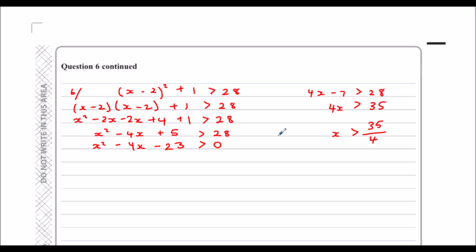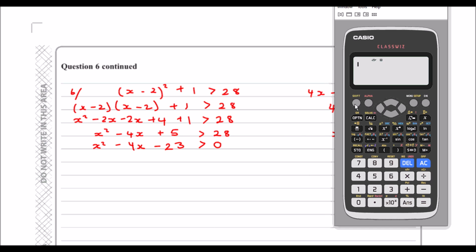To solve this, we can use our calculator. So let's grab the calculator. We want to go into the menu, and then we'll go down to this B1 here. So it's inequalities. We've got a polynomial degree 2, it's a quadratic. And we want ax squared plus bx plus c is bigger than 0. So that's number 1.